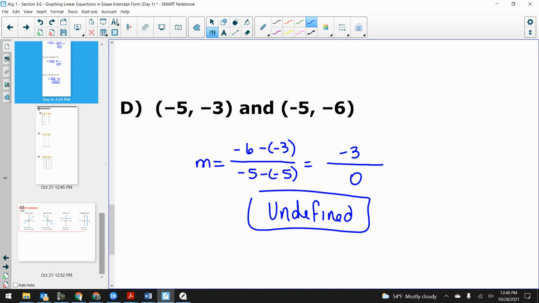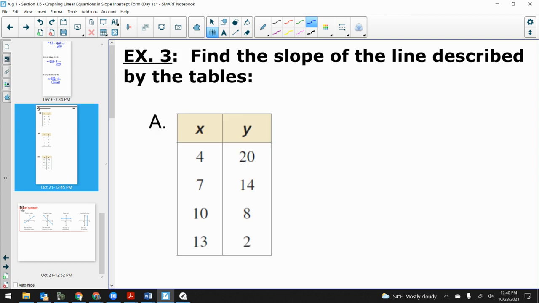Last type of problem. So we were given a graph, given 2 points. What about given a table? Guys, we've done this before. We did this when we were asked if it was linear or not. We just didn't really call it the slope. +3, +3, +3. -6, -6, -6.